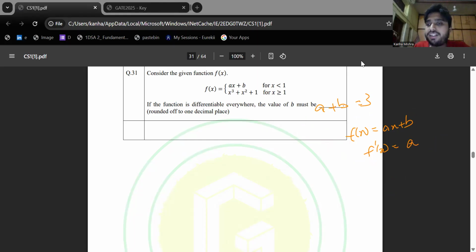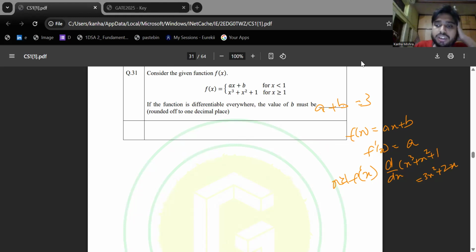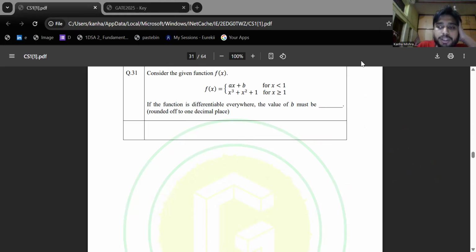For x greater than or equal to 1, f dash x will be d/dx of x cube plus x square plus 1, which is equal to 3x square plus 2x. The left hand derivative is equal to a, and the right hand derivative is 3 into 1 square plus 2 into 1, that is 5. So we figure out that a is equal to 5. One piece of information we got is that a should be equal to 5.